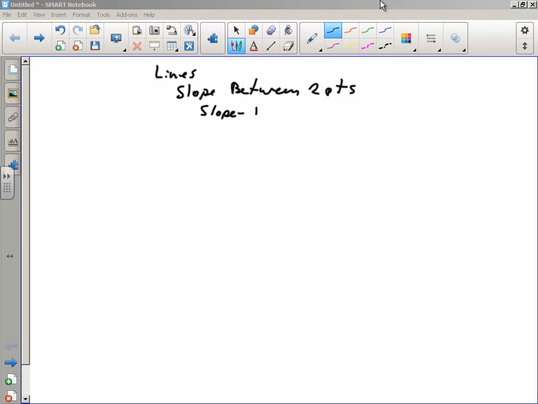Slope-intercept. I think your book calls this standard. It's also known as a general form. And then there's the point slope form. I probably get the most mileage myself out of the point slope. I think it's the best tool out there.